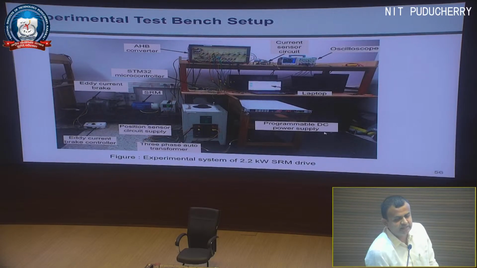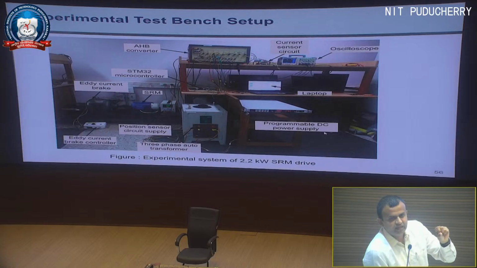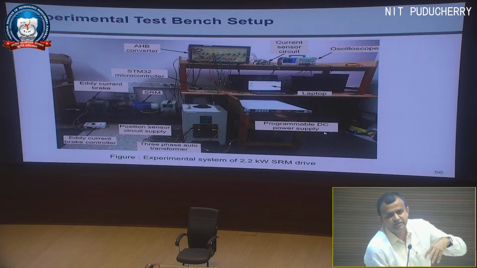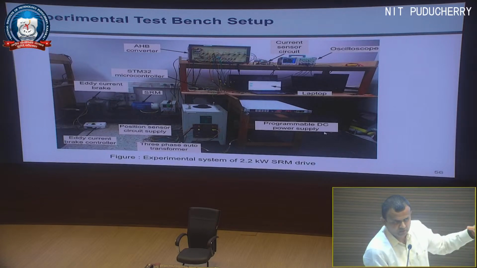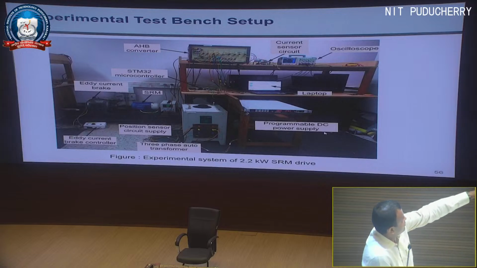So we could not take a whole setup from a single vendor. We purchased the SRM and shipped it directly to our institute, and then we shipped that to the vendor in Chalakudi to connect these two. Then he made a nice arrangement even with that.